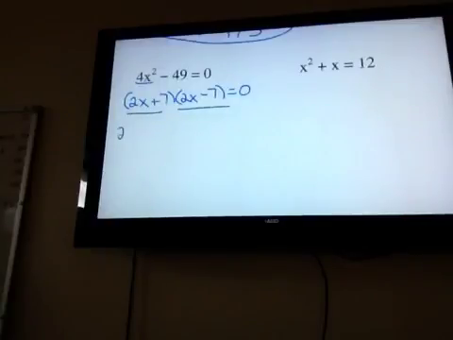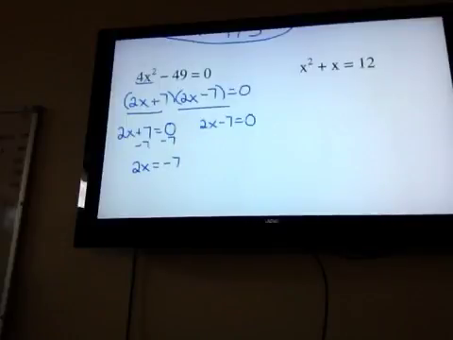These two things multiplied together give me 0. So either 2x plus 7 is 0, or 2x minus 7 is 0. And I solve them. Subtract your 7. So 2x equals negative 7. And then divide by 2.